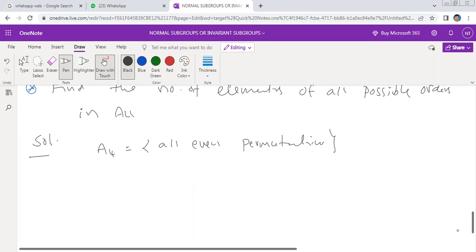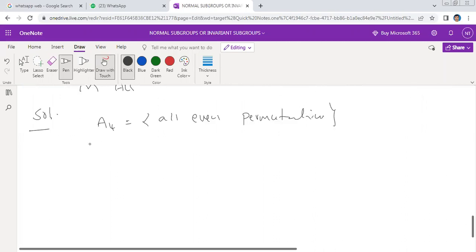Direct answer I'm discussing. n is equal to 4, our group G is equal to A4. Order of A4 is, can you say anybody? Order of A4 is 4 factorial by 2, half of the members, even permutations. It consists of only 12 elements.